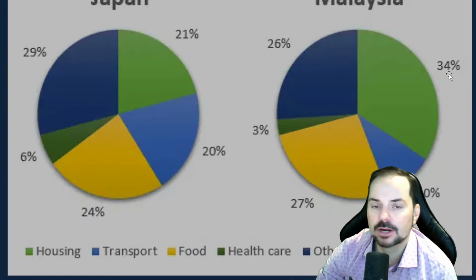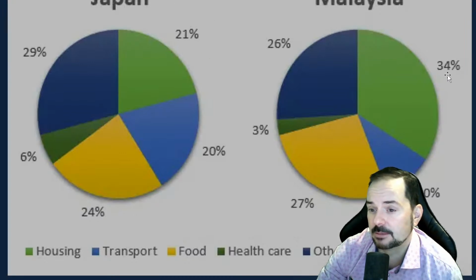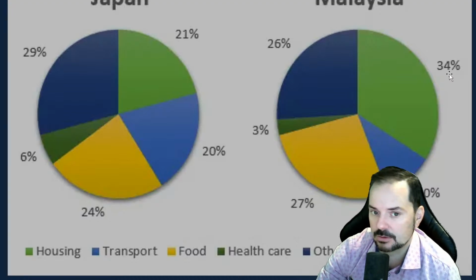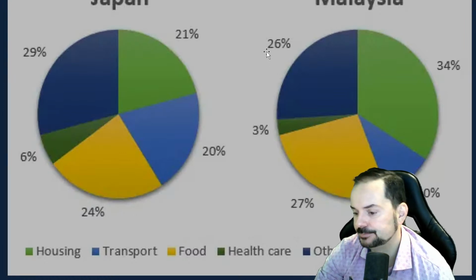So careful with that, students. Again, band 8, band 9, information accuracy becomes very important. You wouldn't emphasize that it's over a fifth or over 1/3 by 1%. In fact, in Malaysia, it's 0.7% over 1/3. So negligible. Don't do that.